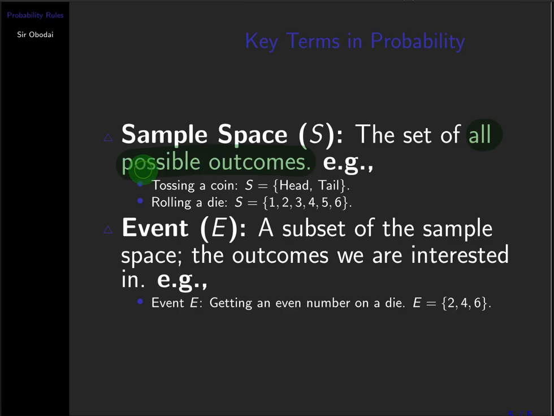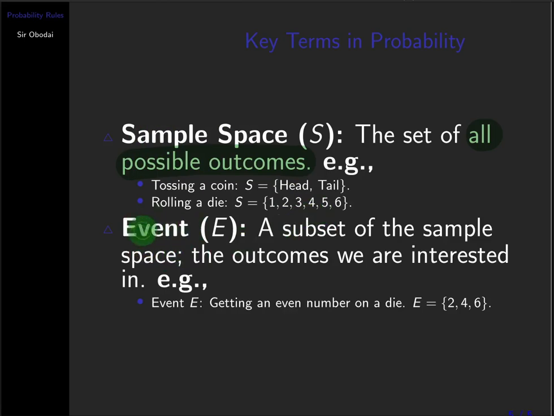If we bring all the possible outcomes together, we form a set, and that set is what we call a sample space. If it is rolling a die, then we can get an outcome of 1, 2, 3, 4, 5, and 6. If we write all these possible outcomes together to form a set, then we call that the sample space.